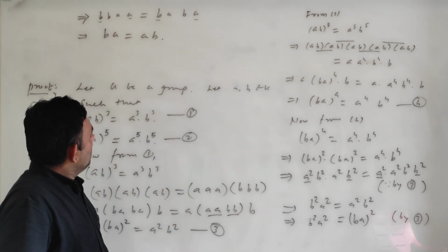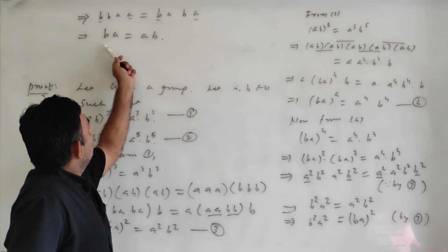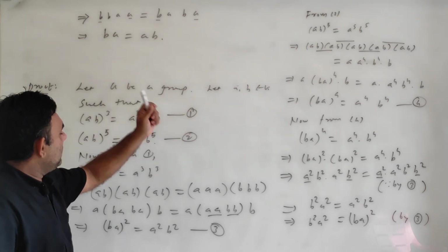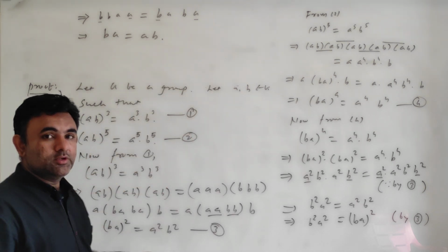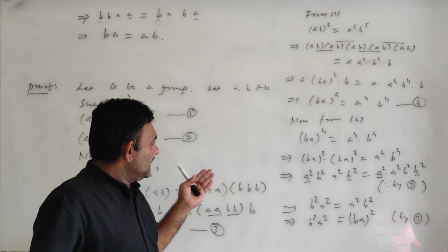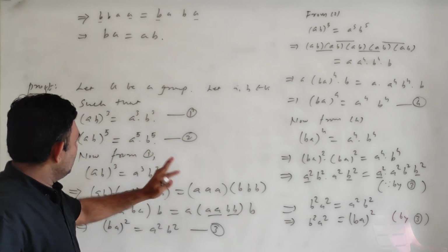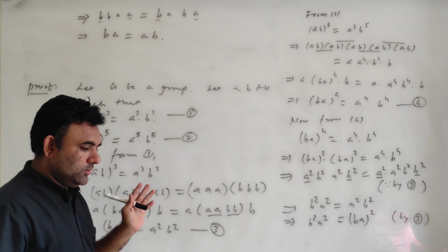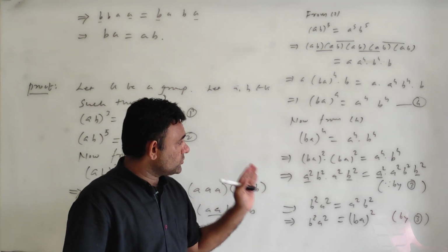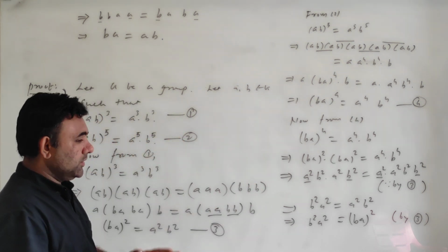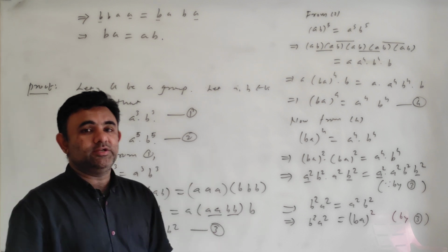So what we have proved, for any a, b belongs to G, ba equal to ab, and for that I used these two things. I just manipulated something, and I frequently used the associativity, the laws of indices and cancellation law.